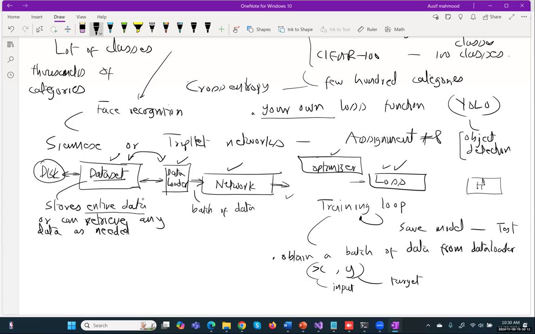And the typical PyTorch code will look something like this. So you will go in this training loop, something like this: for i, (X, Y) in enumerate(train_loader). Okay.